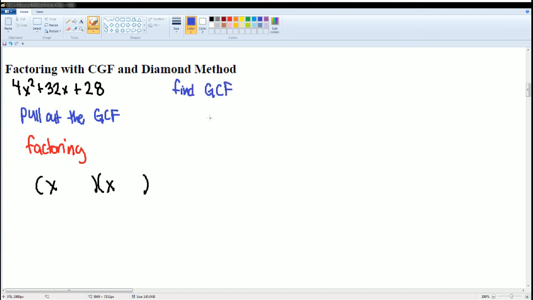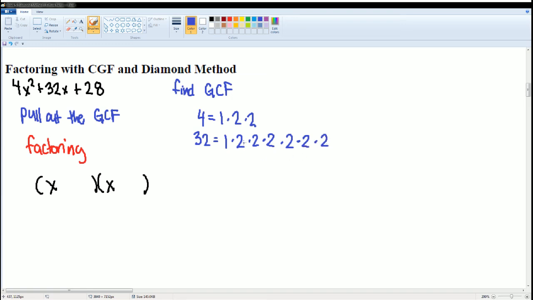Okay, here's the first number, which is 4. So that equals 1 times 2 times 2. The number 32 was 1 times 2 times 2, which is 4, times 2 is 8, times 2 is 16, times 2 is 32.